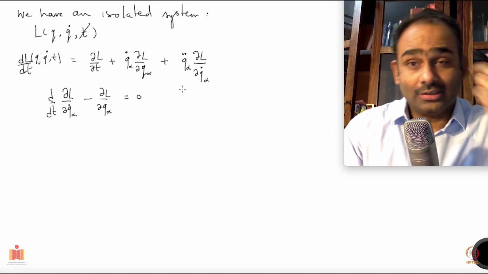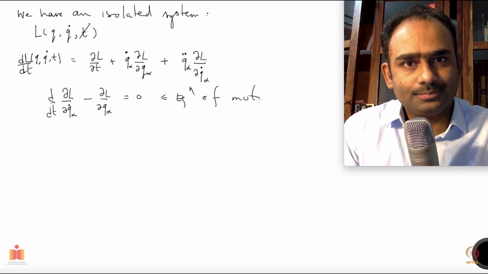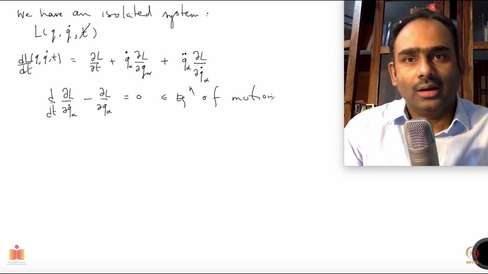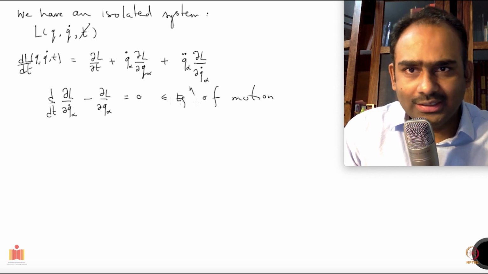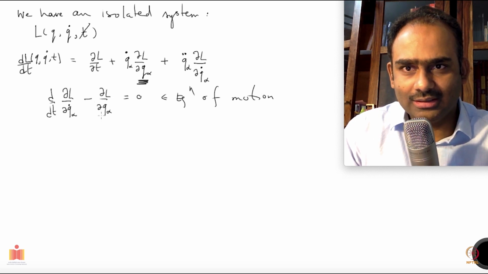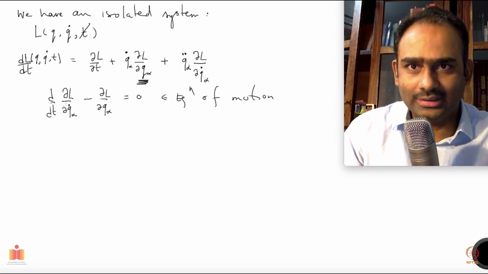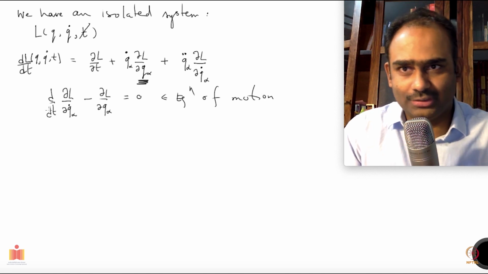So that's the equation of motion, which I want to substitute here. I'll take the term del L over del q alpha and substitute the total derivative of del L over del q alpha dot.